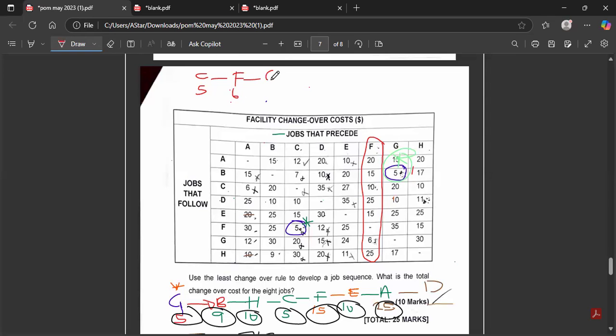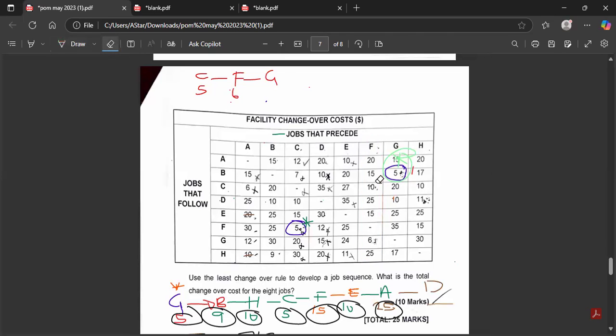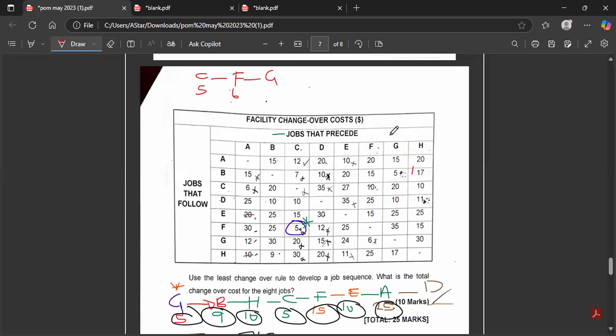Go to G. The smallest in G is what? 5. Smallest in G is 5, right? You go to 5 and B. The smallest in B is what?